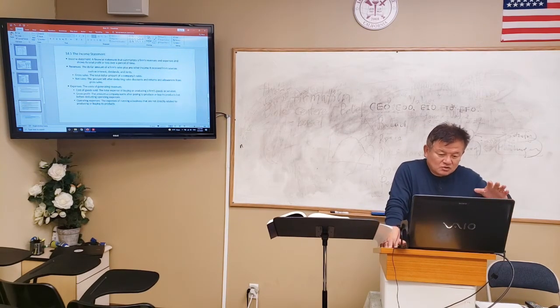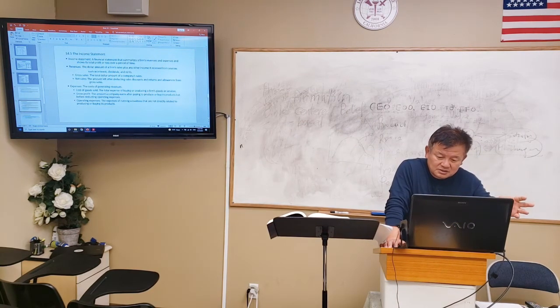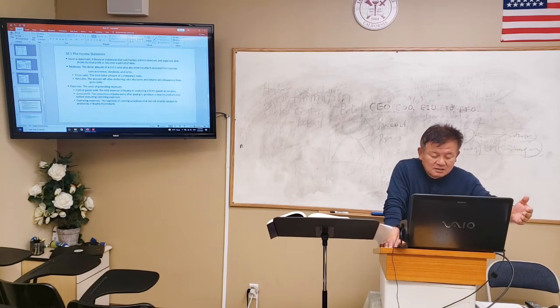Okay, cost of goods sold. If you sell products or services, then you are charged an expense. This is the total expense. And the gross profit is what we earn from selling a lot, before deducting operating expenses.